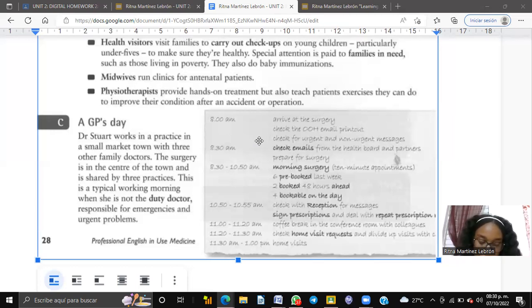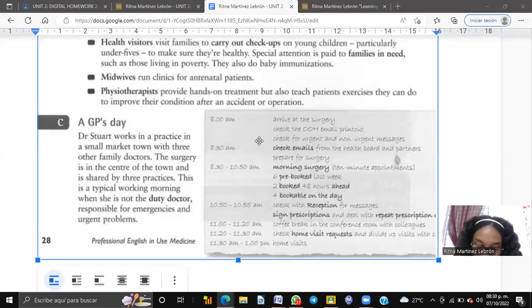8 a.m. Llegar a la cirugía. 8:30. Verificar los mensajes urgentes y no urgentes. Verifique los correos electrónicos de la Junta de Salud y socios. De 9:30 a 10:30, la cirugía matutina. Citas de 10 minutos, reservadas con anticipación la semana pasada. 10:50 a 10:55, consultar con recepción para mensajes, firmar las recetas y tratar con recetas repetidas.